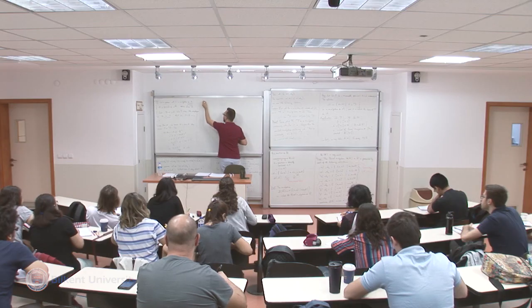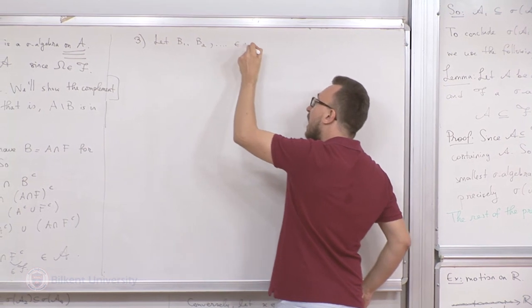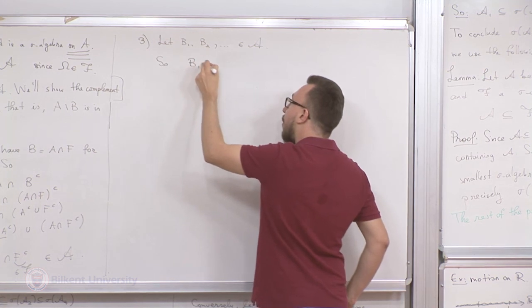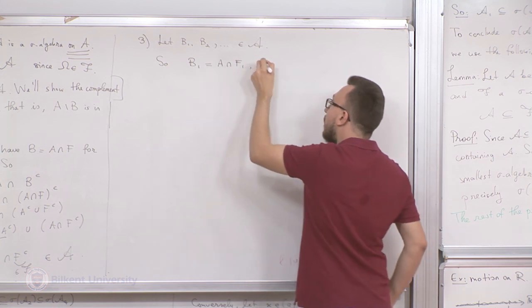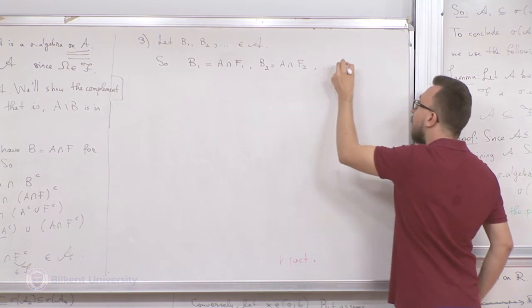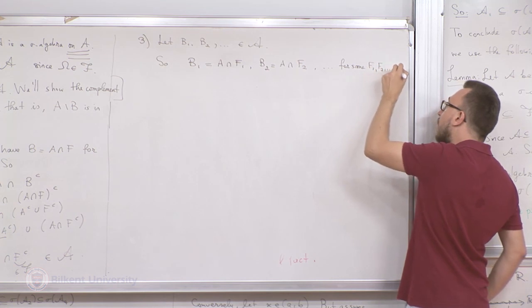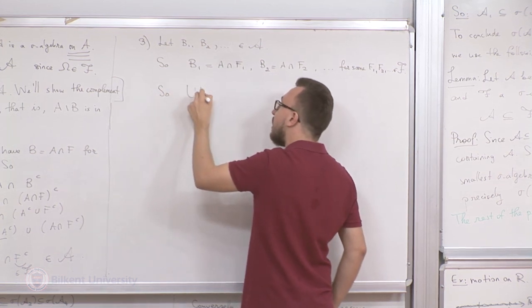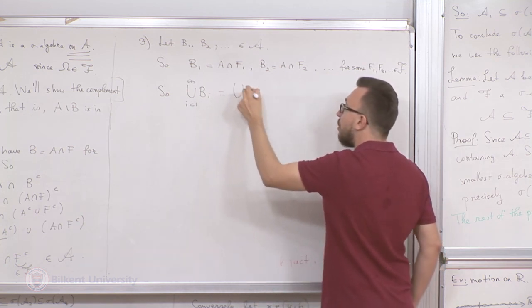So last property, let B1, B2, etc. be in script A. So B1 equals A intersection F1, B2 equals A intersection F2, etc. for some F1, F2, etc. in script F. We'd like to prove that the union of Bi's is in script A. So what is the union of Bi's?